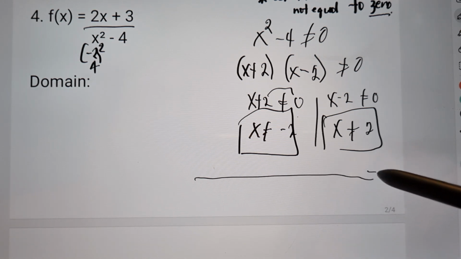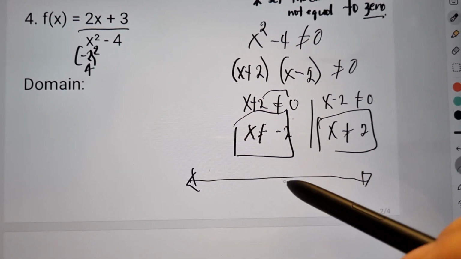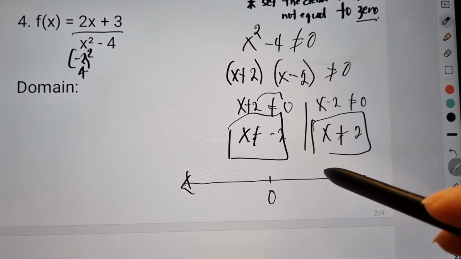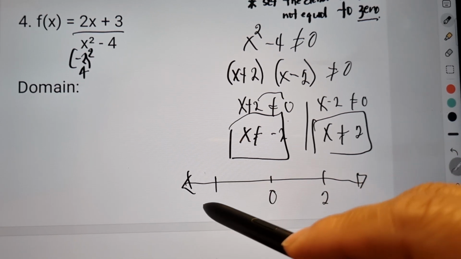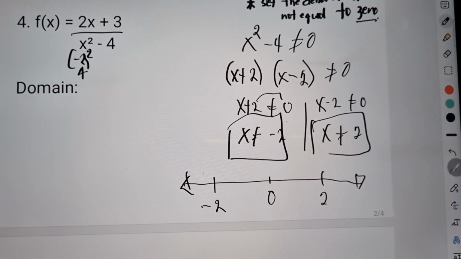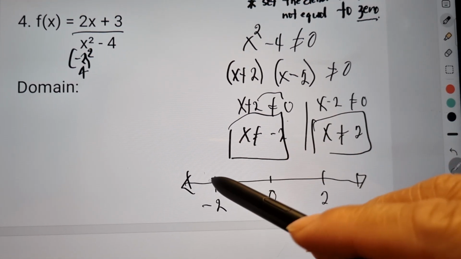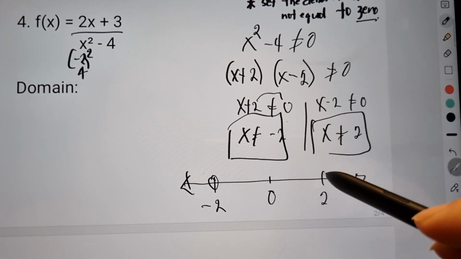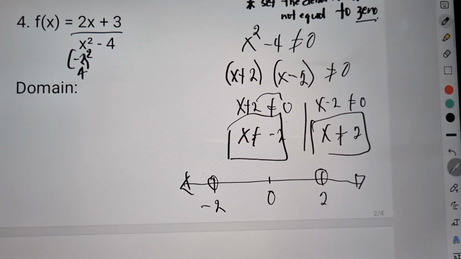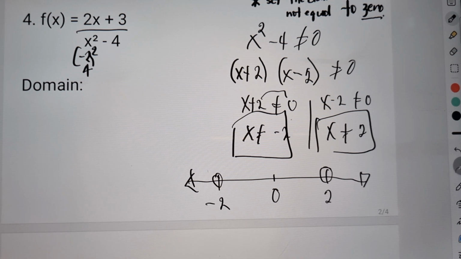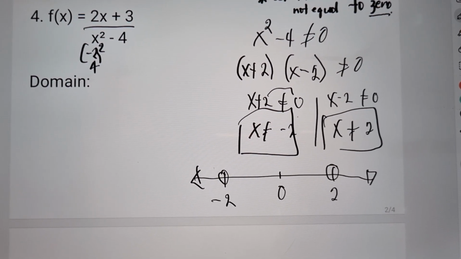Now, pag ipa-plot natin yan, para mas madali maintindihan, okay, so ano ibig sabihin dito? Hindi kasali ang negative 2, hindi rin kasali ang positive 2. Okay? So, may restriction tayo ngayon dito.